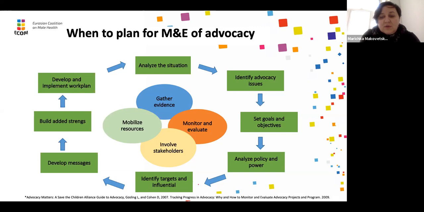Then you may be able to set goals and objectives for your advocacy strategy, analyze policy and power, and choose your target. Identify targets that will be the focus of your activities. You will develop messages. With what messages will you approach your target audience, the decision makers that you want to influence.